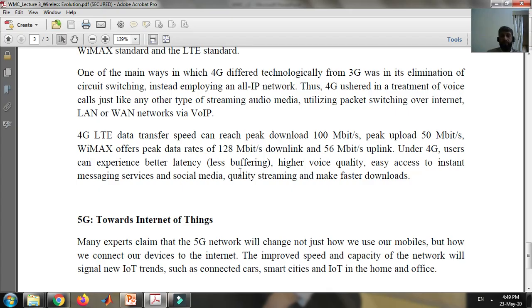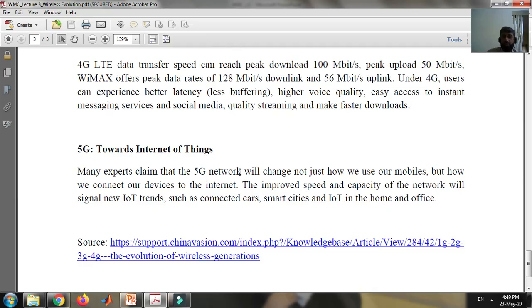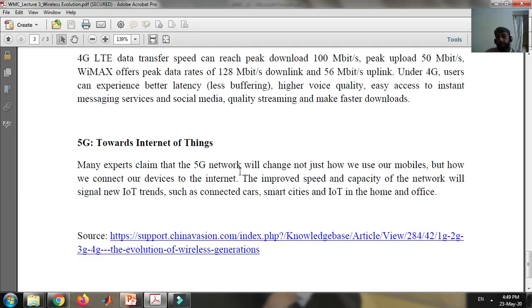The 4G LTE data transfer speeds were able to reach a downlink speed of the order of 100 megabits per second, and upload speeds of the order of 50 megabits per second. And for WiMAX, those were 128 megabits per second downlink and 56 megabits per second uplink.